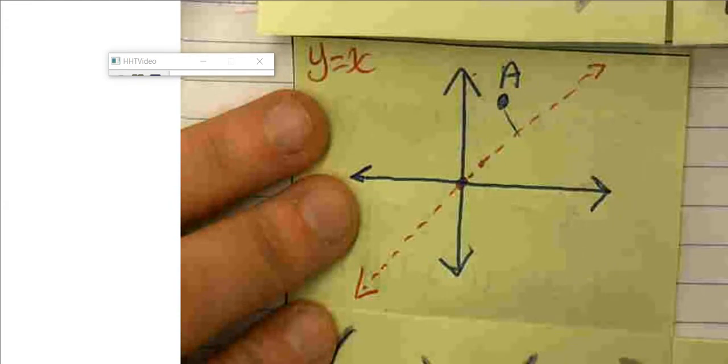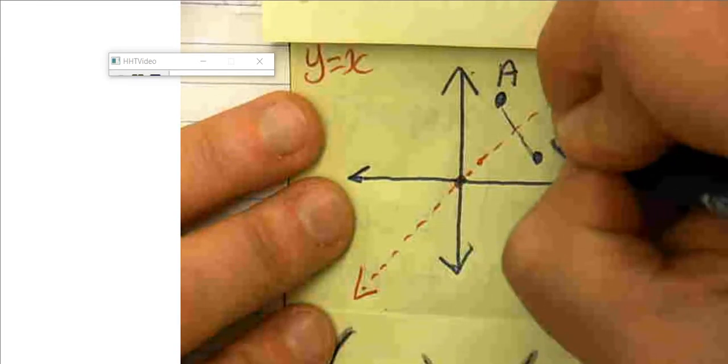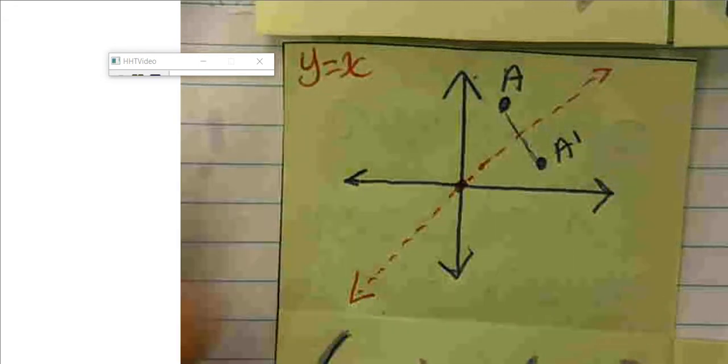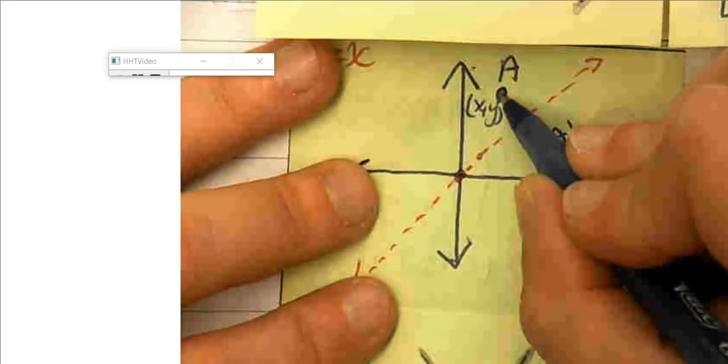And so if I were to plot a point, and I were to call it point A, it's going to be so many units away, but it's going to be on a diagonal. So when you count on the other side to find where A prime is, you can't count because it's going to be on a diagonal. But what we find is that your ordered pair of x, y, so let's say that we're going over 2 up 4, for example.